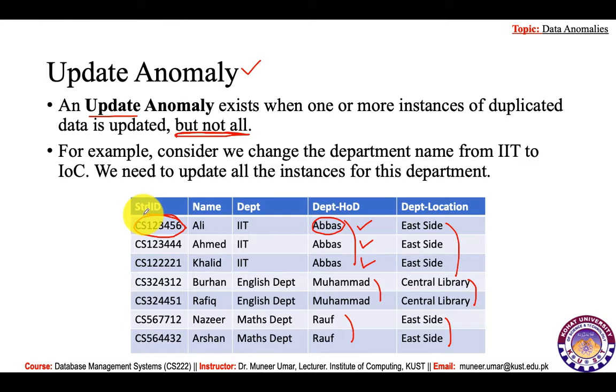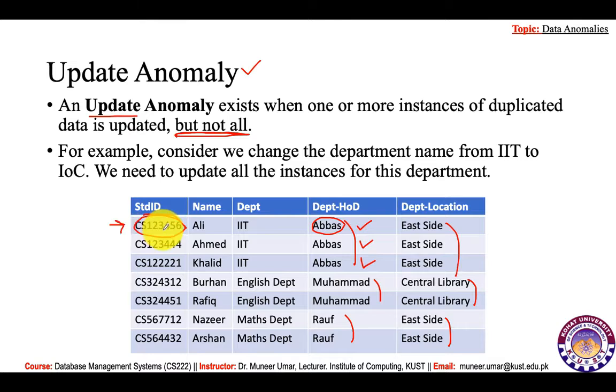So in that case, if you are going to execute a single query with a single condition in the where clause, only one record will be updated. Now I'm going to change the record of this student.